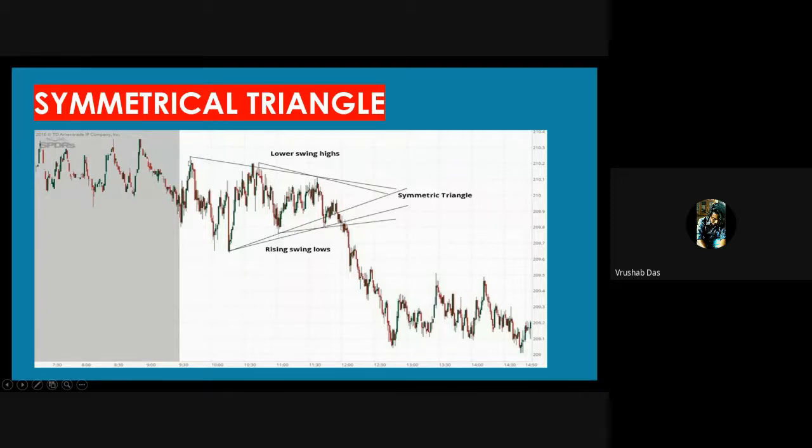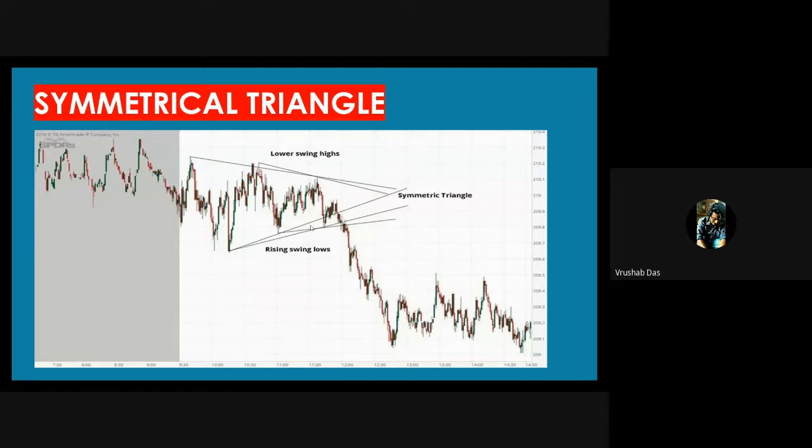When we're talking about the highs, the highs are getting lower: the second point is lower than the first point, and the third point is lower than the second point. This is a perfect example of a symmetrical triangle for a stock.